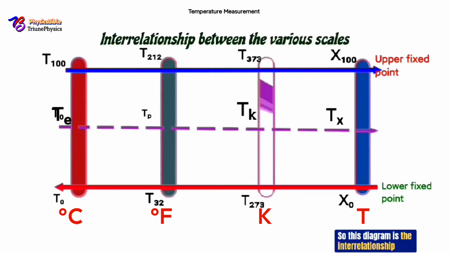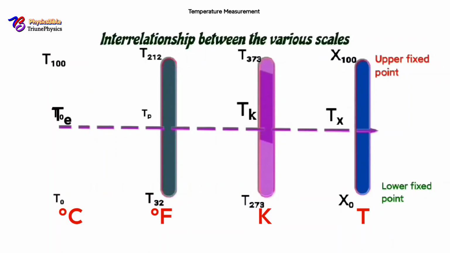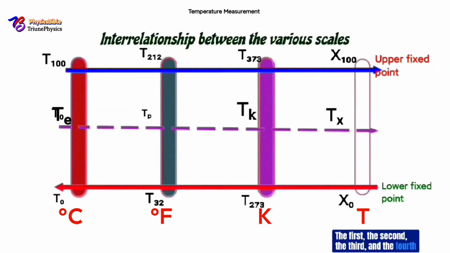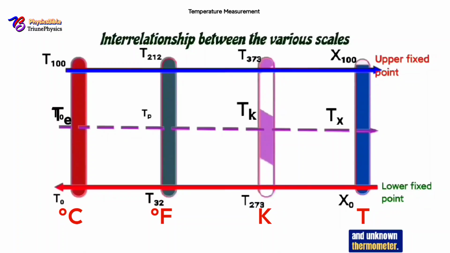So this diagram is the interrelationship between the various scales, four of them. The first, the second, the third, and the fourth, all representing the Celsius scale, Fahrenheit scale, absolute Kelvin, and unknown thermometer or temperature. Please take note of that.